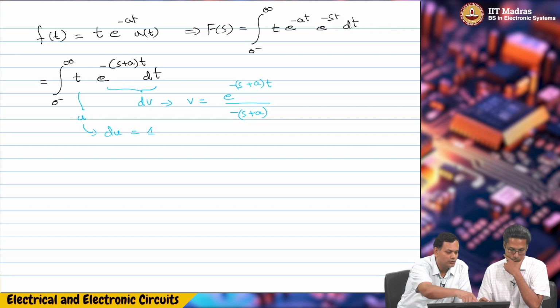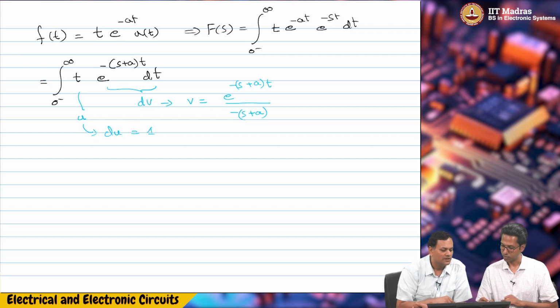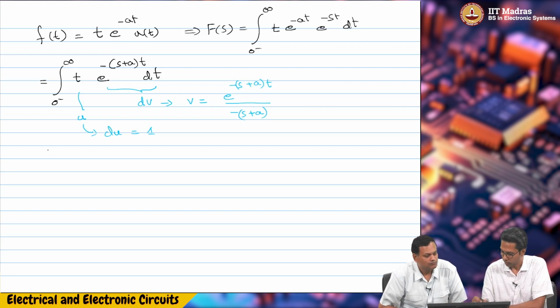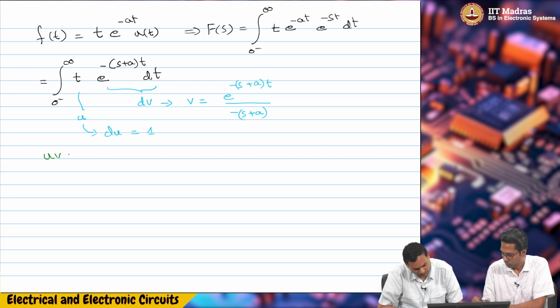So the integral of u dv will be uv minus the integral of v du. I'll write it down: uv minus integral v du.